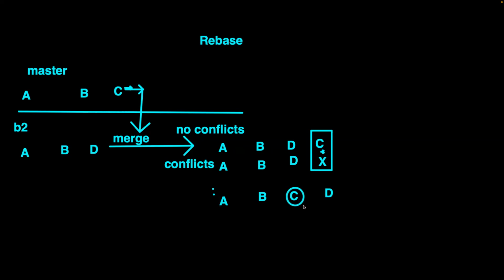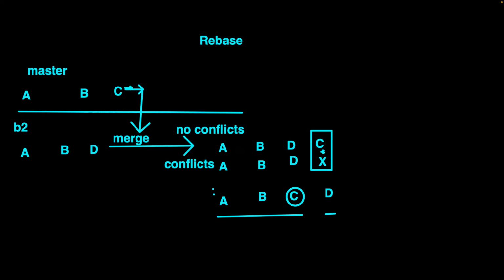Because I just want to see linear development. I want to integrate changes, but I want to see the log history in such a way that first all the parent commits, then the child commits.